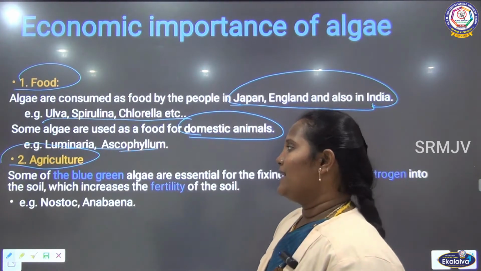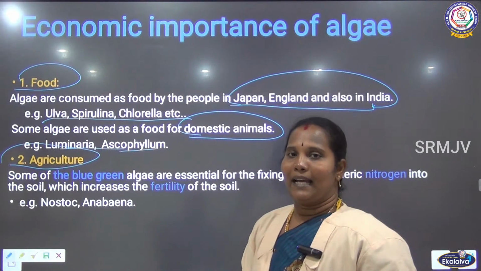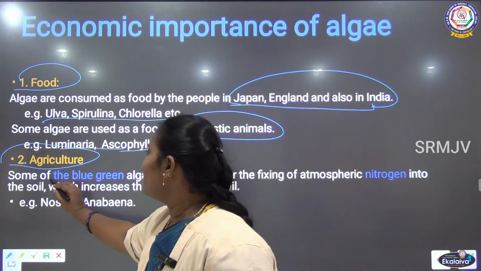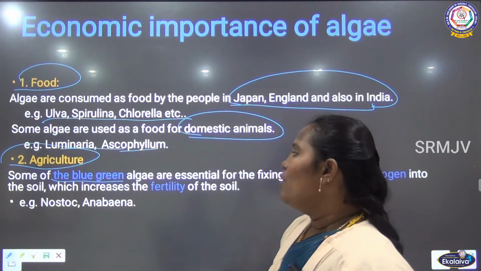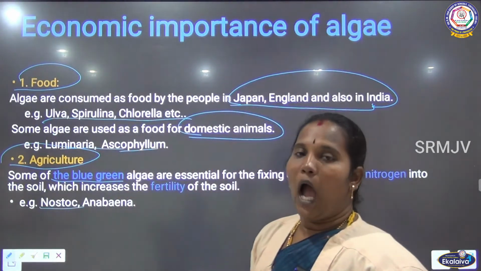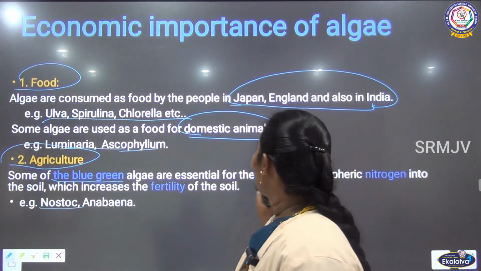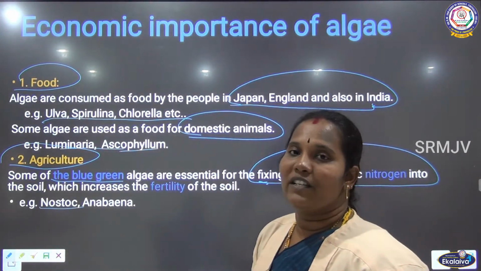Next one is agriculture. Algae are very useful in agriculture. How are they useful? We know very well the blue-green algae, for example Nostoc. How do they help? They fix atmospheric nitrogen. We know very well about nitrogen fixation.